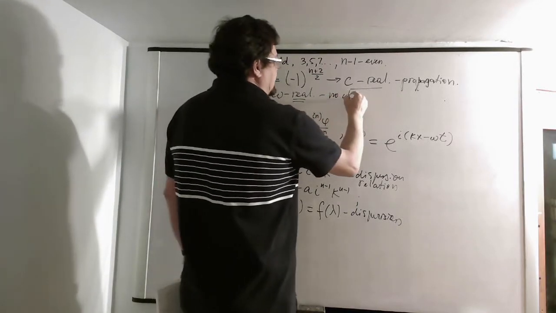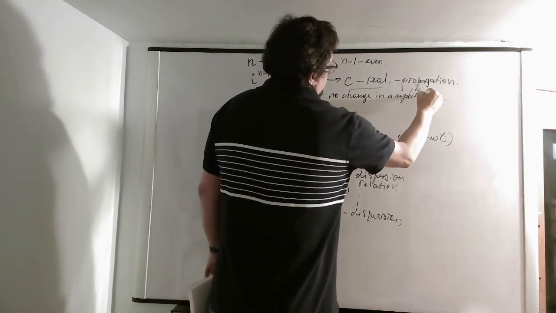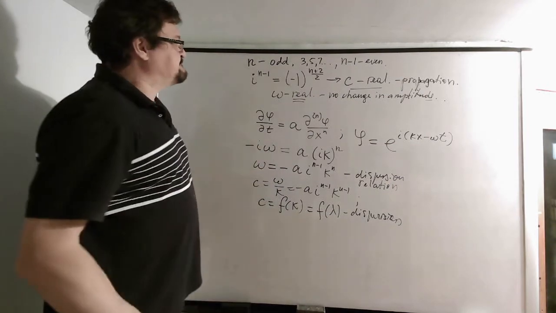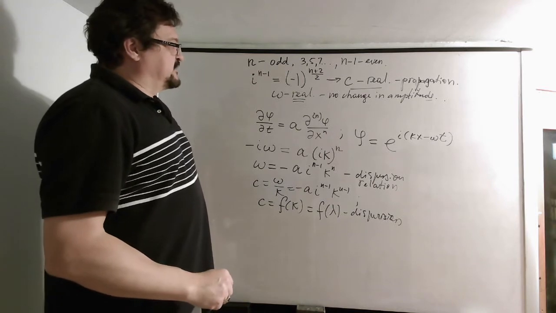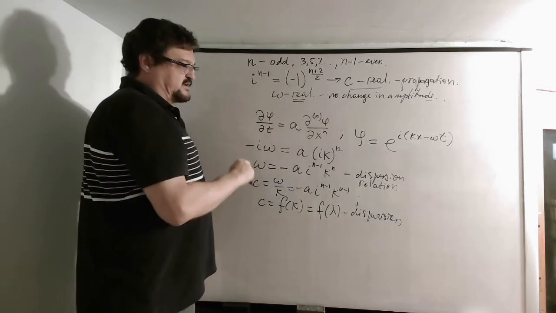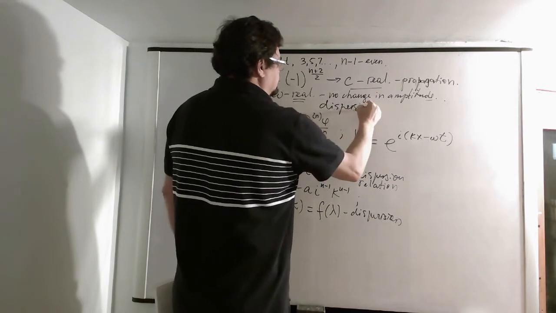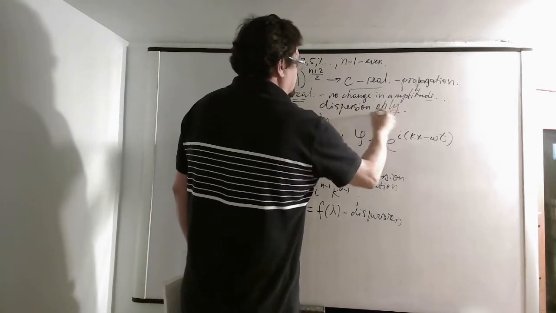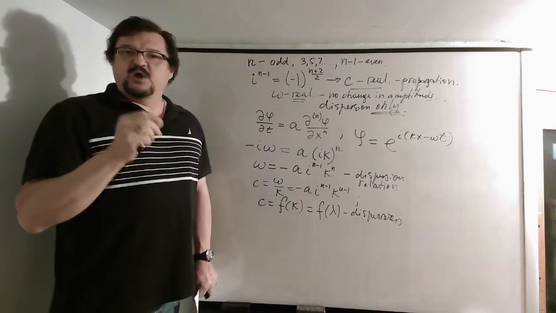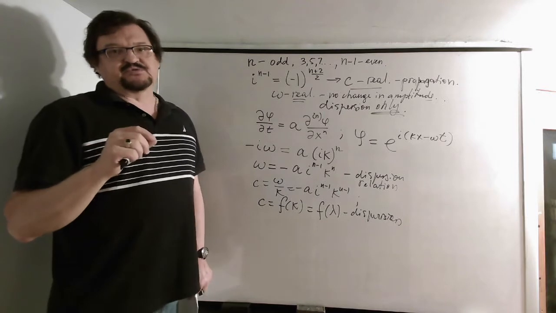So there is no change in amplitude, still sine waves moving right or left. That means that for odd derivatives in our truncation error, we have dispersion only. Odd derivatives in the truncation expansion make waves move faster or slower depending on their wavelengths, but they don't affect the amplitude of waves.